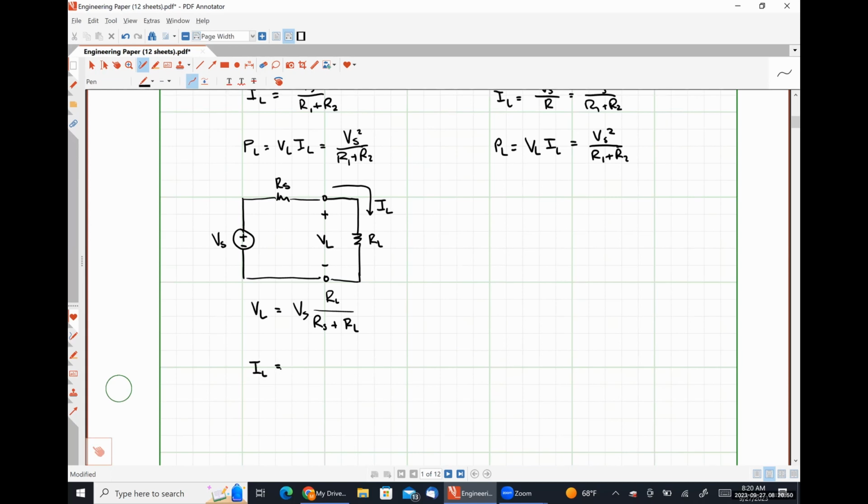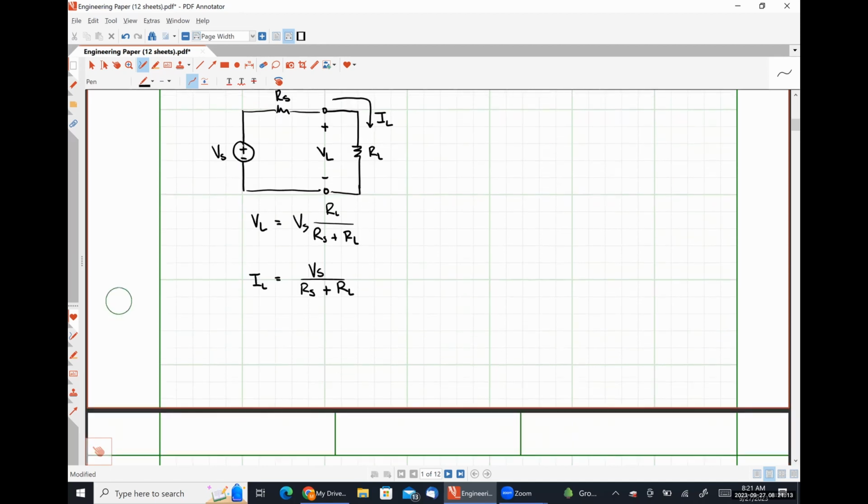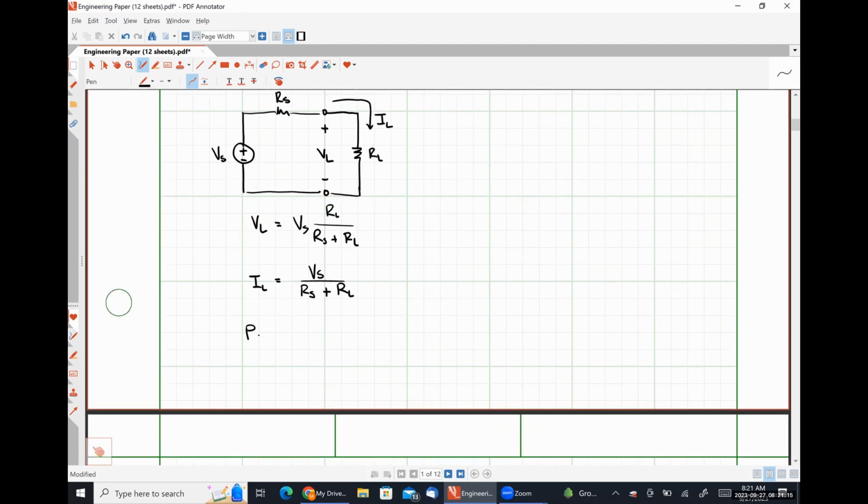What would my load current be for this circuit? Exactly right. So just using Ohm's law, we would have VS divided by RS plus RL. And multiplying these results together, I can find my power, right?